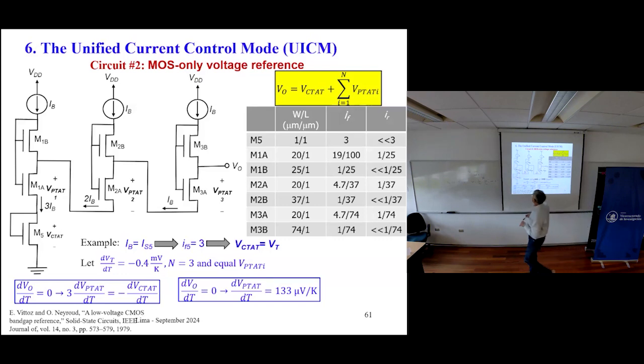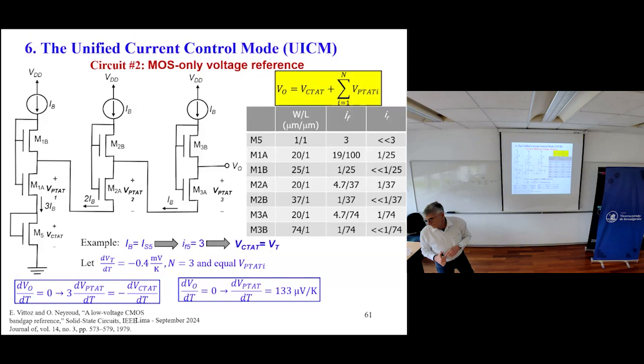What's the purpose of this circuit? It's to generate a MOS-only voltage reference. What's the meaning of it? Let me explain how this circuit can generate a MOS-only voltage reference.